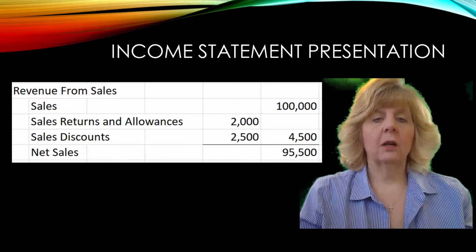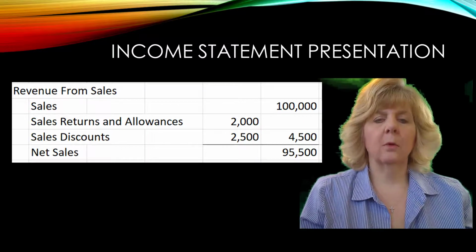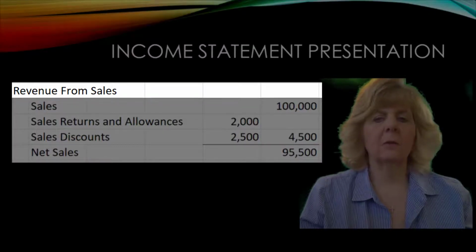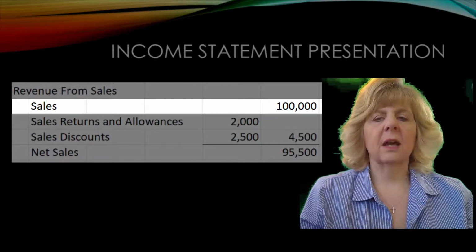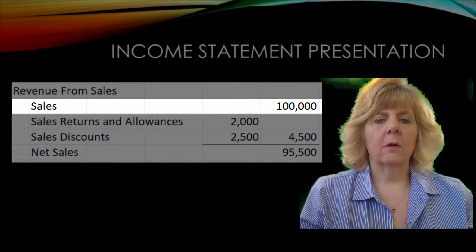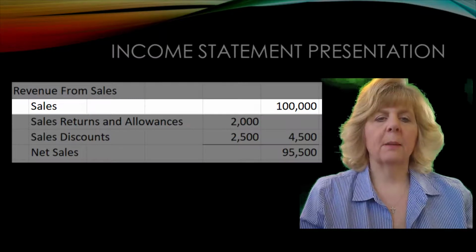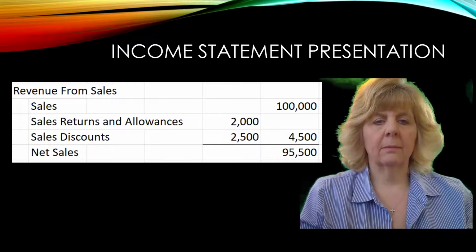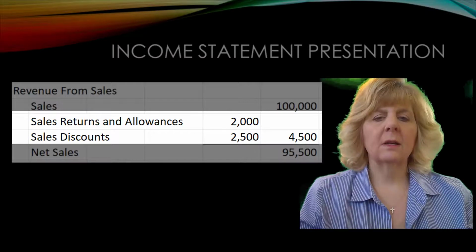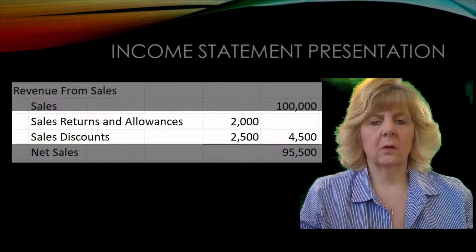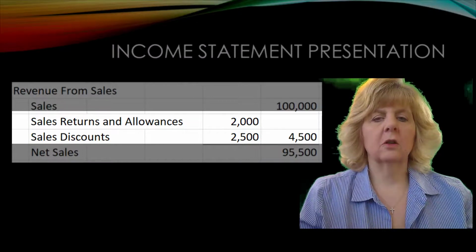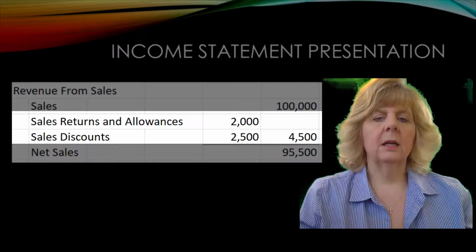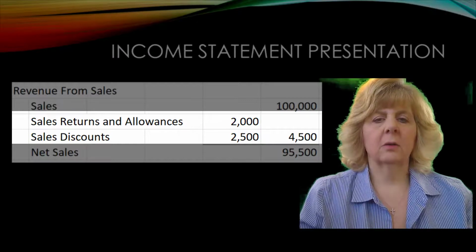The first chunk of the income statement for a merchandiser is called revenue from sales. In this example, the sales generated by the merchandiser totaled $100,000. However, there were two contra accounts that pulled the sales number down. There were returns and allowances totaling $2,000, and there were sales discounts offered for those customers which paid early in the amount of $2,500.